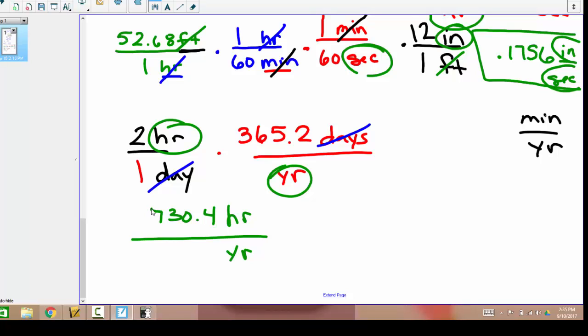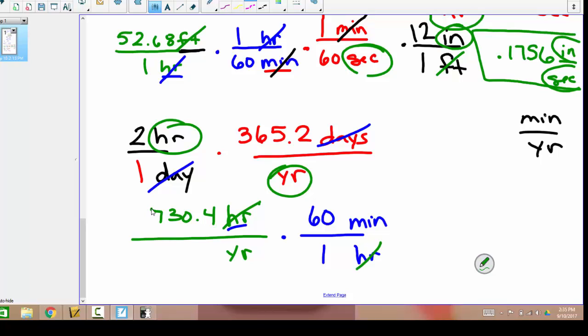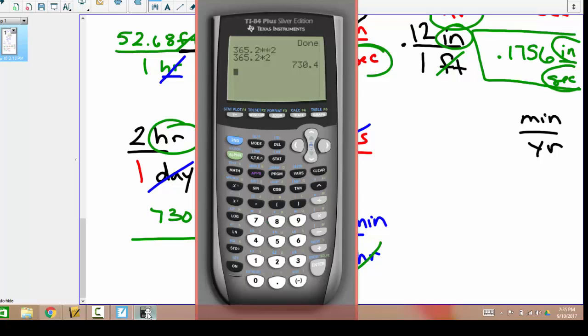hours to minutes. So we know that there are 60 minutes in an hour. The word hours is on top. So to cancel that word, the word hours needs to be on the bottom, which leaves the word minutes on top. 60 minutes in 1 hour. So to make this conversion, I'm going to cross off the word hour. We're just going to multiply that number by 60.